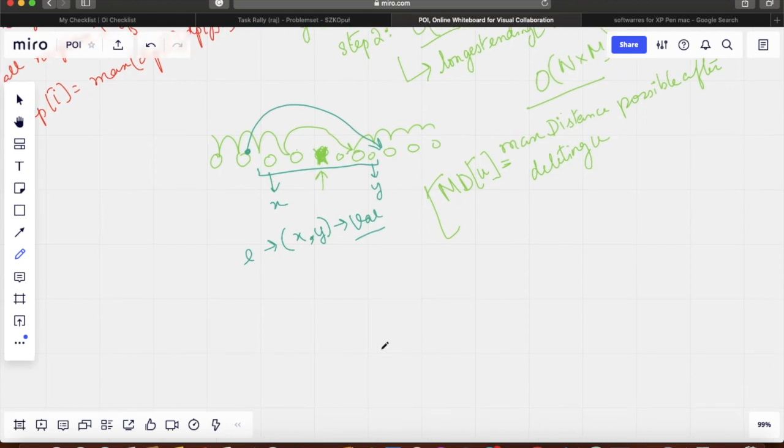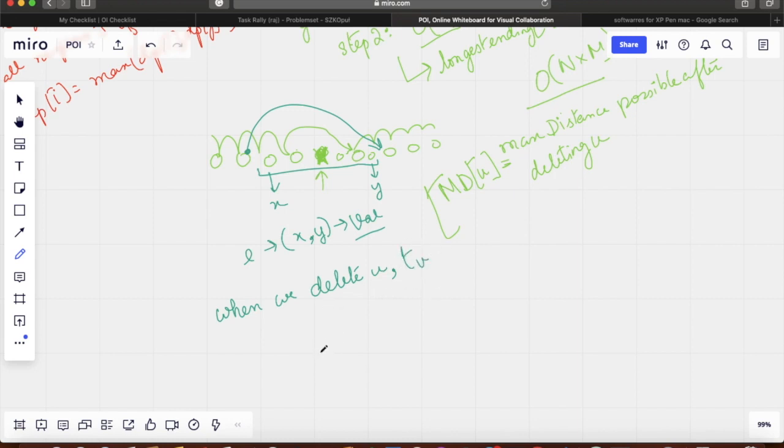So what is effectively that we are doing when we delete a node u? Let's say the topological index of u is tu.